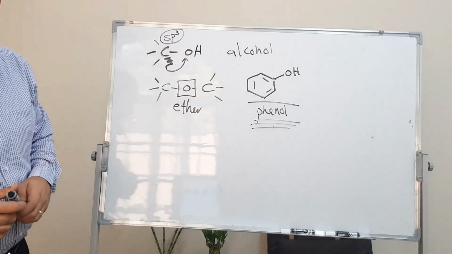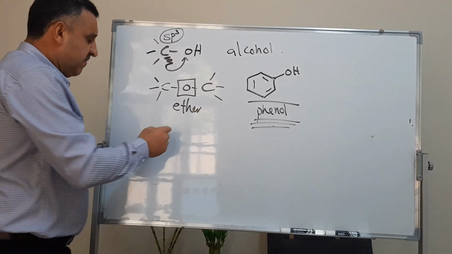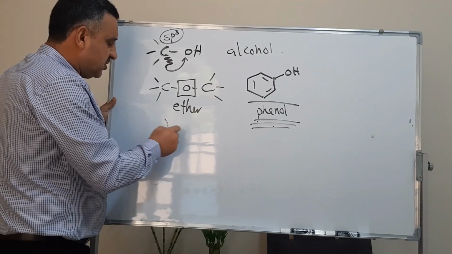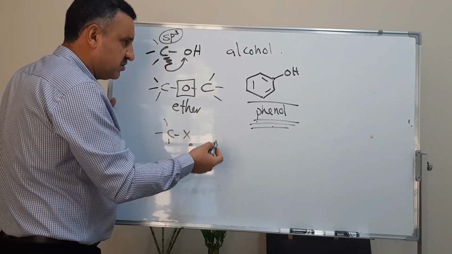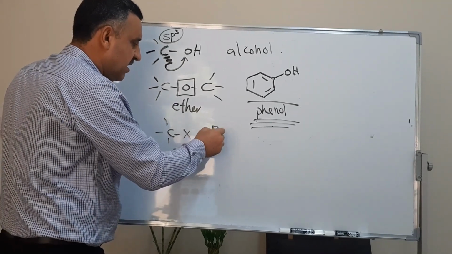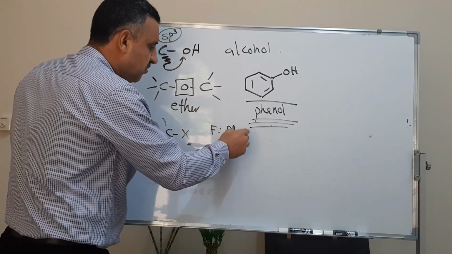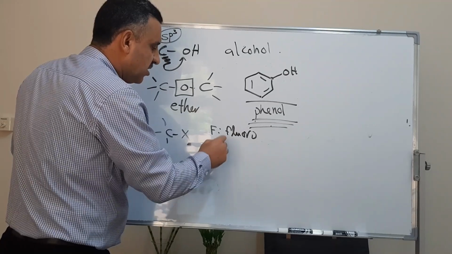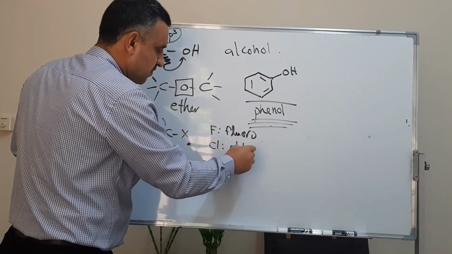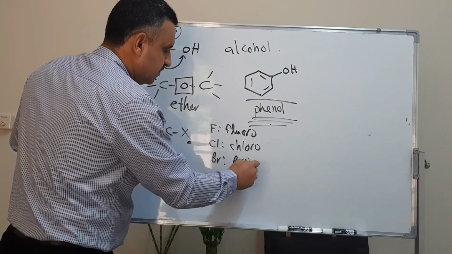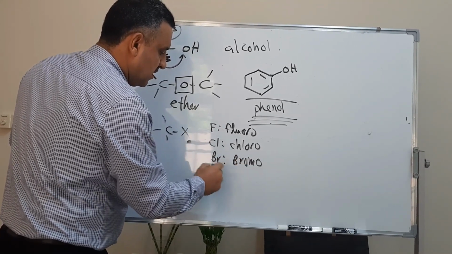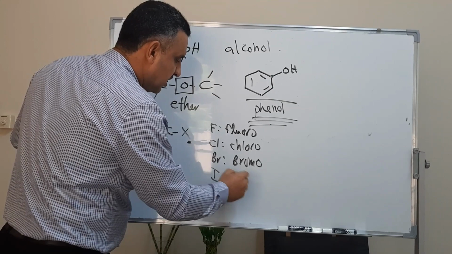If the oxygen is attached to 2 carbons, regardless of what these carbons are, then we will call it ether. If the carbon is attached to any halogen, like the halogens we deal with here, for example, F stands for fluoro, chloro, bromo, iodine, we will call it iodo.